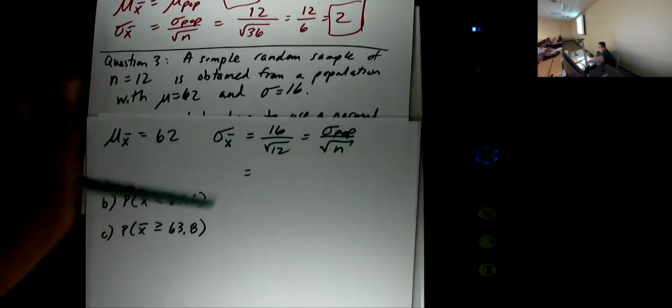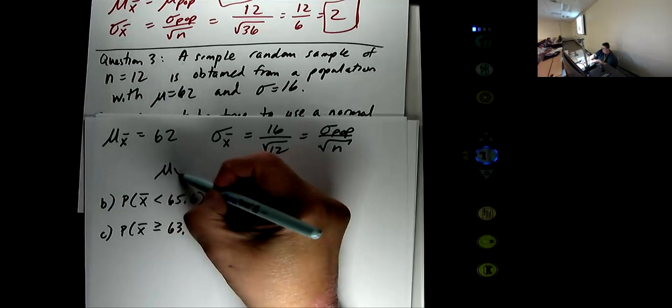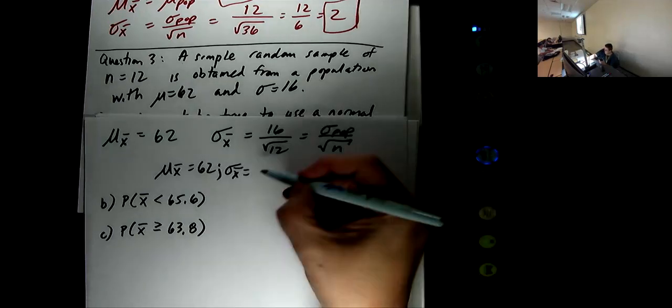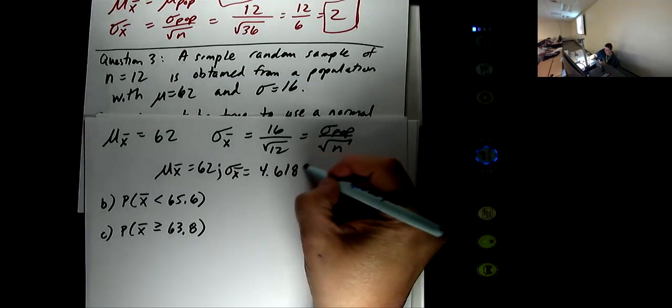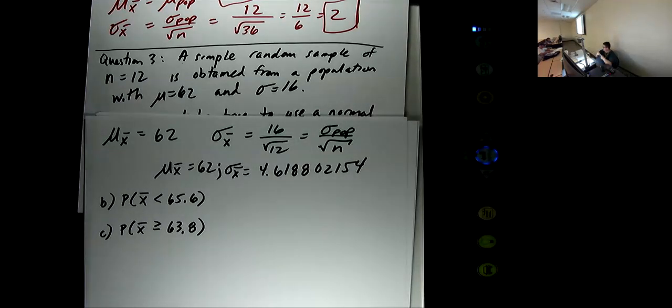We were given these numbers up here, but if you use these numbers, you're going to get the wrong answer. The mu is fine; we're going to use mu equals 62. But for standard deviation, 16 divided by the square root of 12, I'm going to write down as many decimal places as my calculator shows, and that way my answer will have as good a rounding. I can't mess up the rounding because I was lazy on the calculator work.